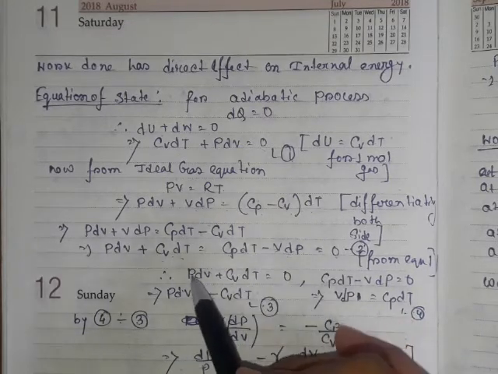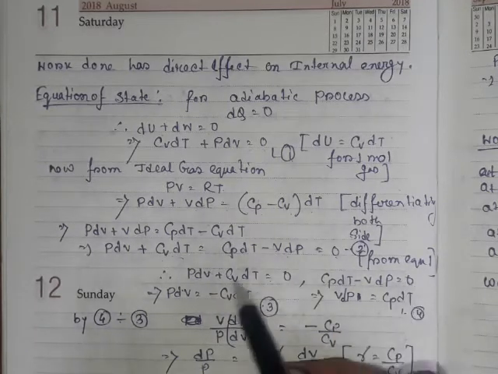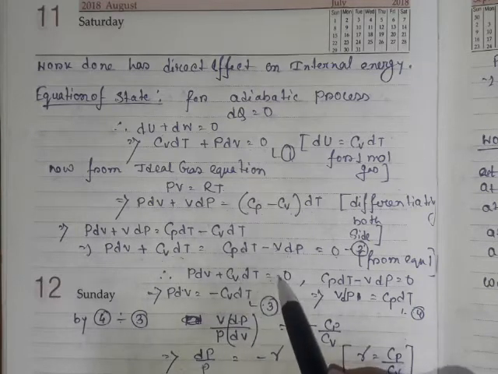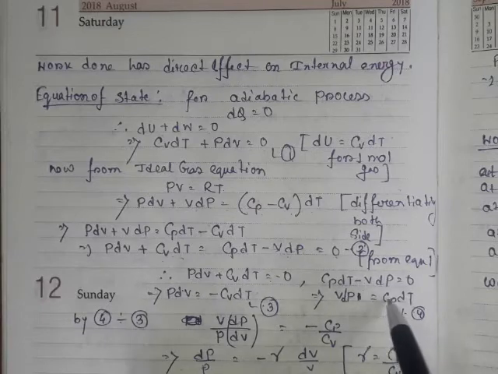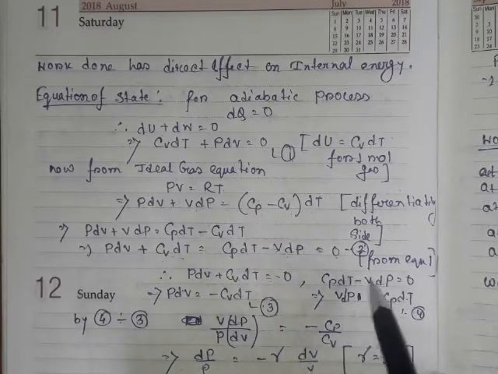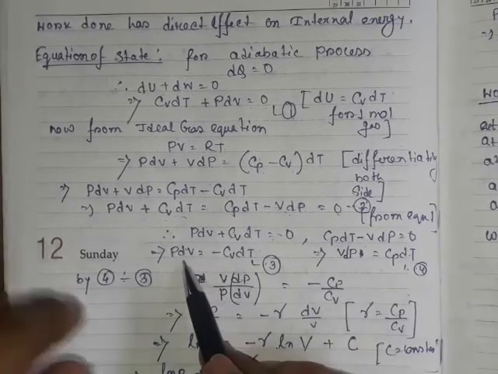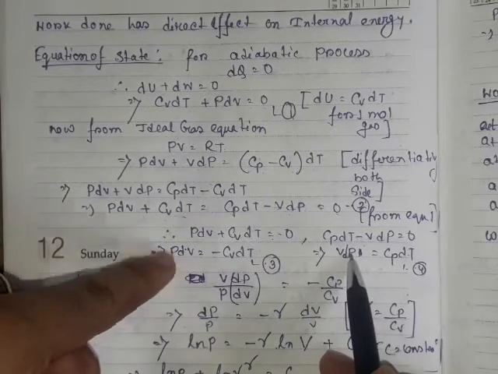So now we have two equations: PdV plus CV dT equals 0 and CP dT minus VdP equals 0. From the first equation we get PdV equals minus CV dT, and from the second equation we get VdP equals CP dT. Now just divide these two equations, sorry, that equation with this one.